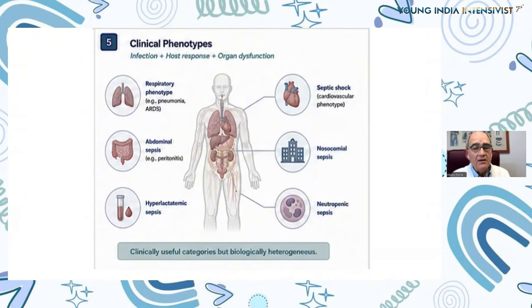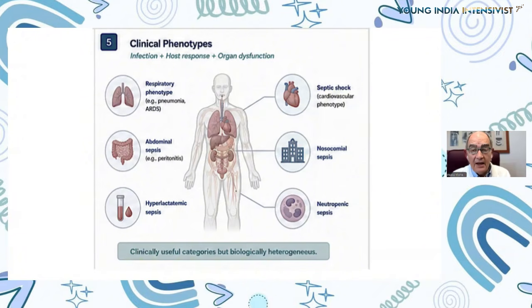We have abdominal sepsis, a category totally different from the respiratory one, with localization of the sepsis in the peritoneum or involving one or some of the visceral organs.